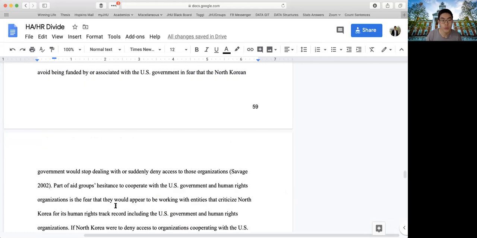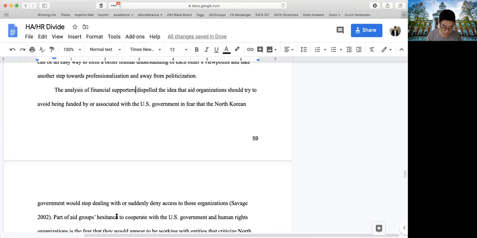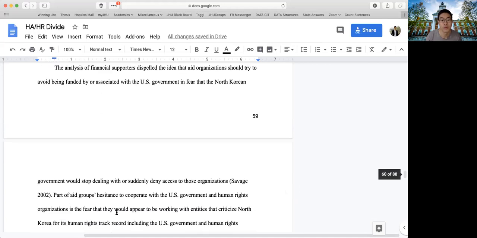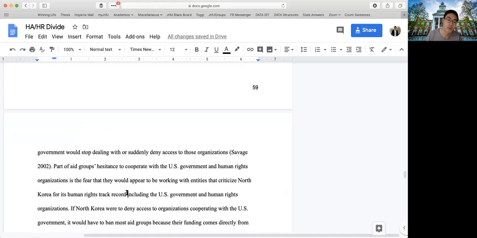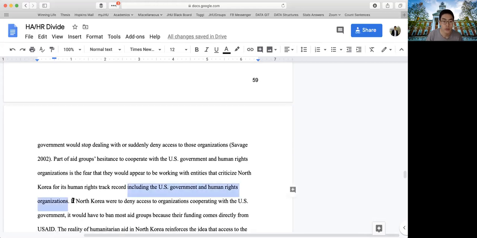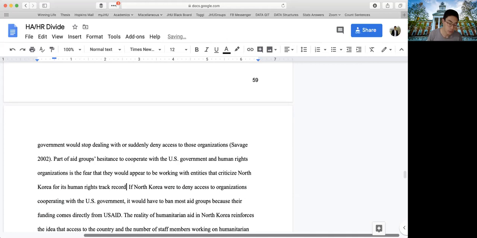Also, we always want to take out redundant material. There's a part that says there's a fear that aid organizations seem like they're cooperating with the US government and human rights organizations. And then I just add US government and human rights organizations at the end as well. So obviously that is redundant, taking that out. Then there is a hypothetical right afterwards that really says the same thing again.